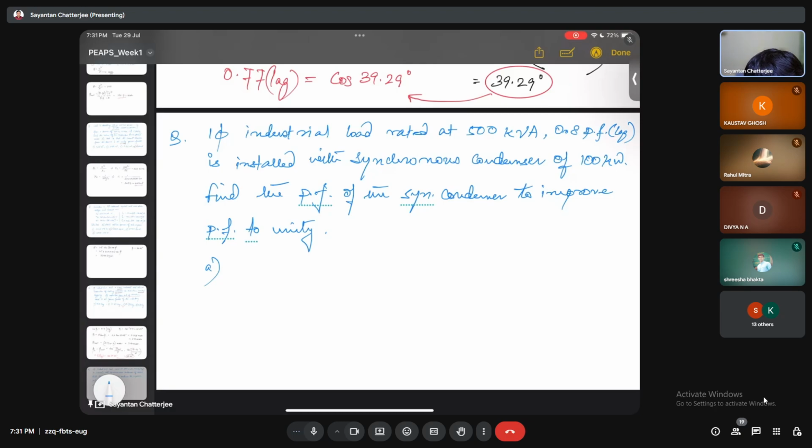It means we need to find out the power factor of the synchronous condenser that will improve the power factor from 0.8 lagging to unity. In the current scenario, this 0.8 power factor lagging would get improved to unity power factor.